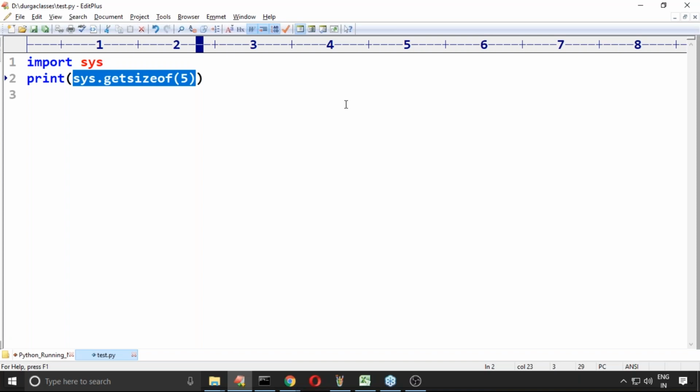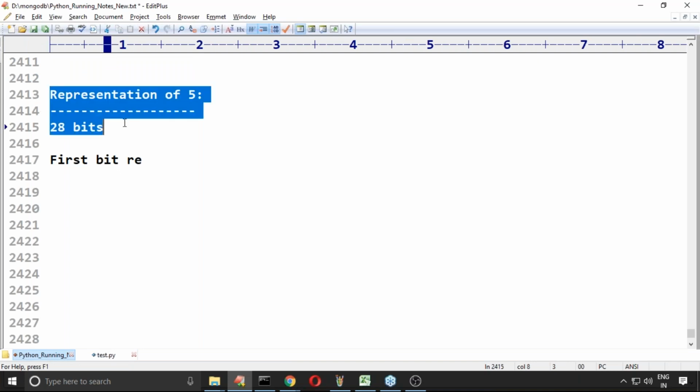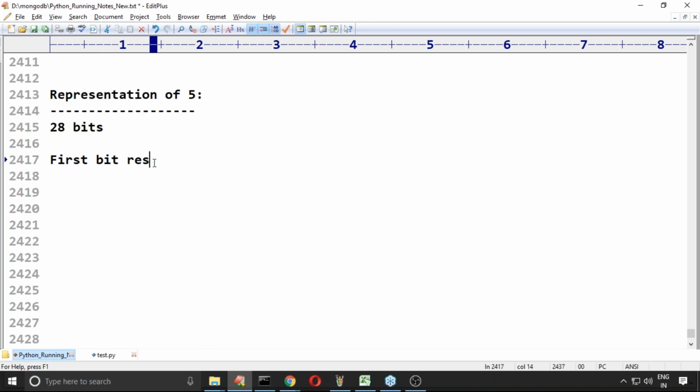Respond. Any doubt? Okay, now just observe. How is it going to be represented using 28 bits? The first bit is reserved for sign.